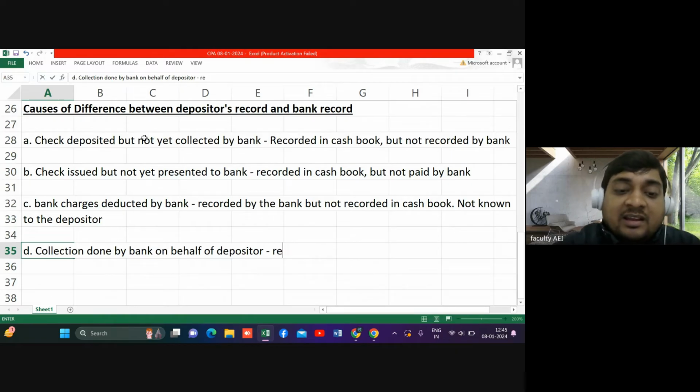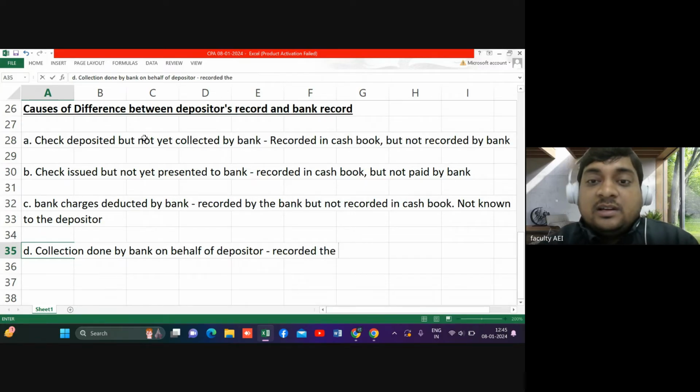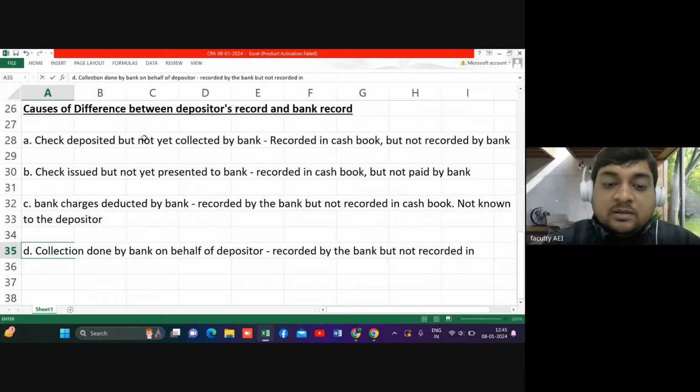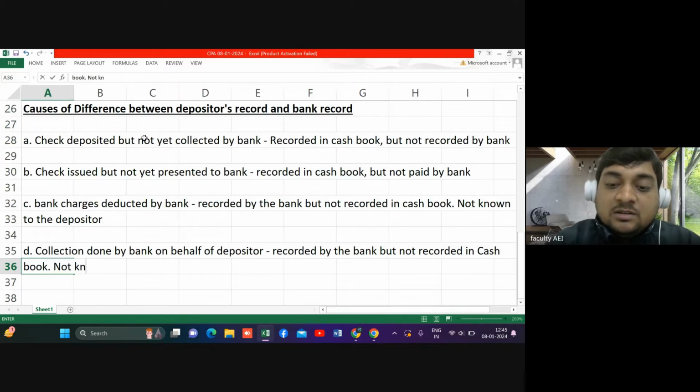So again, this is recorded by the bank, but not recorded in cash book. Again, this is something which is not known to the depositor.